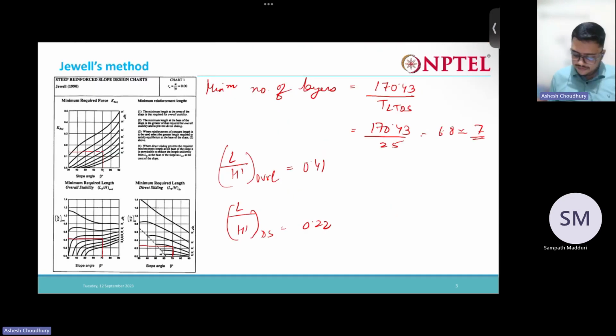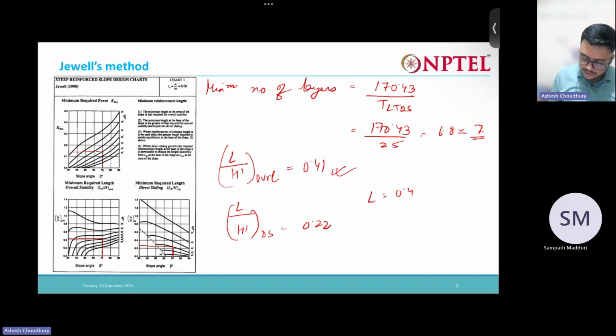Now if L by H overall is greater than L by H direct sliding, we generally provide the L by H overall length throughout. We provide the same length throughout. So we will choose 0.41. What will be our length?